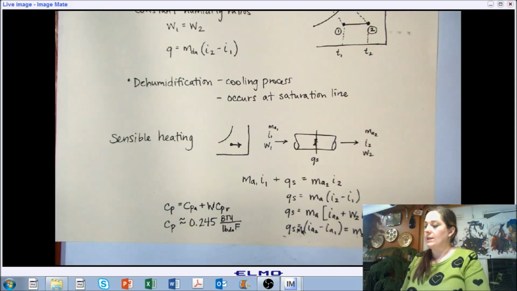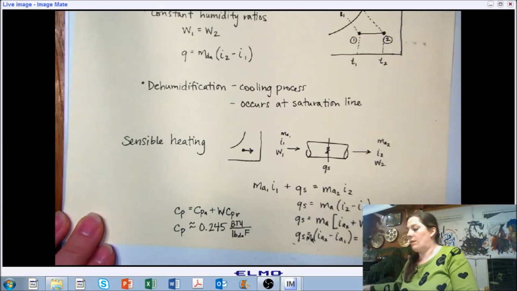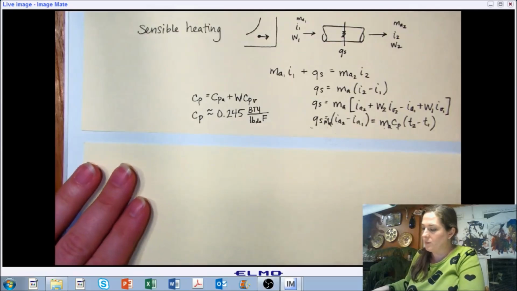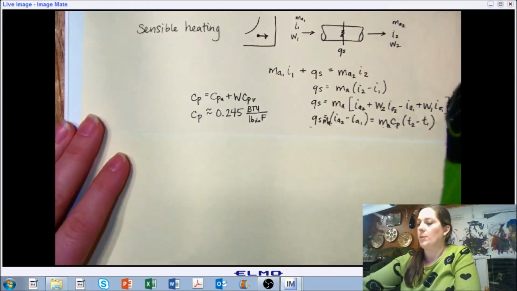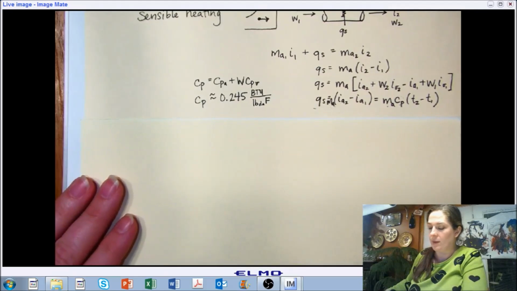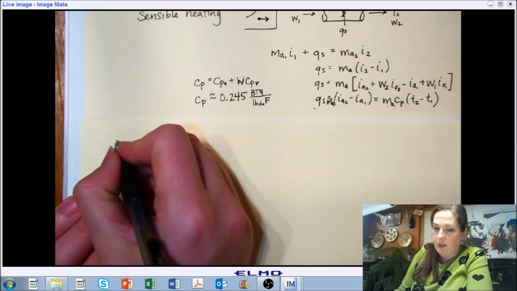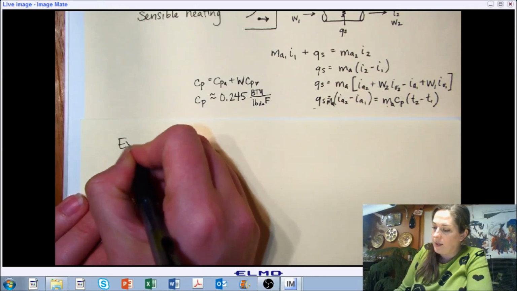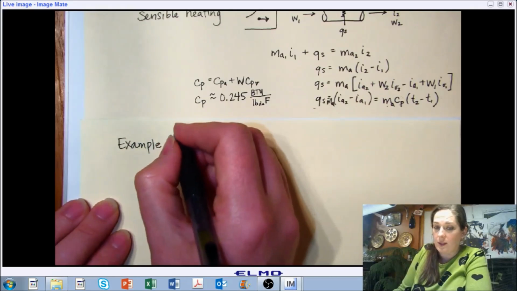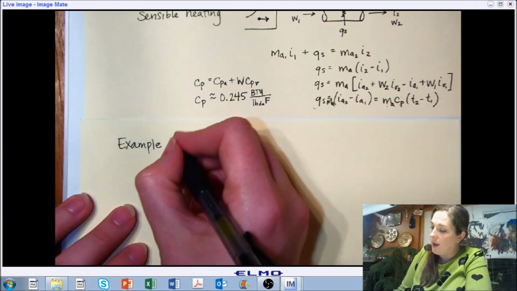So let's look at an example of using sensible heating. This is an example from your text, so I'll try to include most of the steps, but if I don't include everything or every detail about the setup of the problem, you can take a look back in your book. Your book is notorious for skipping lots and lots of details, so hopefully I'll fill some of them in.